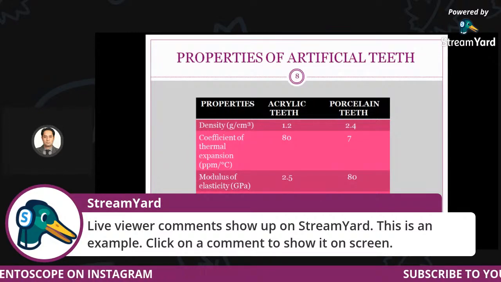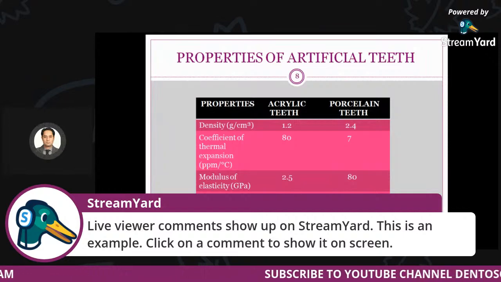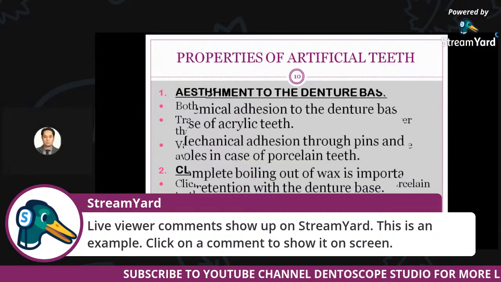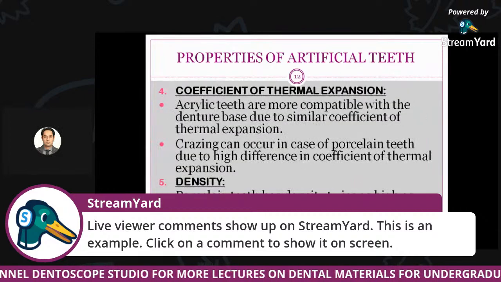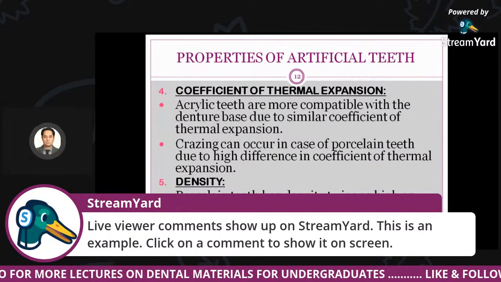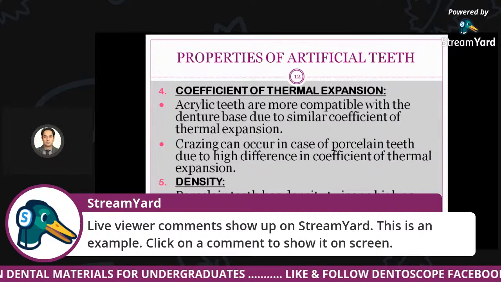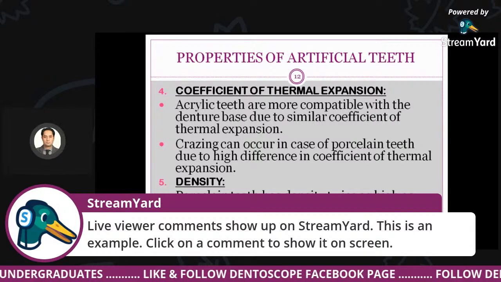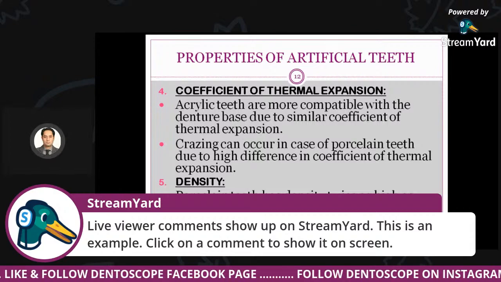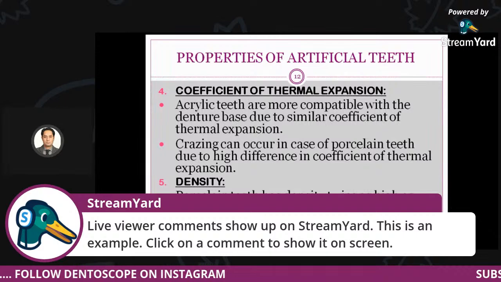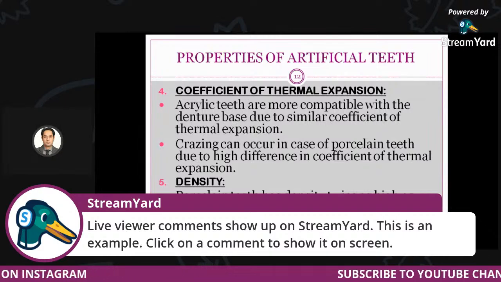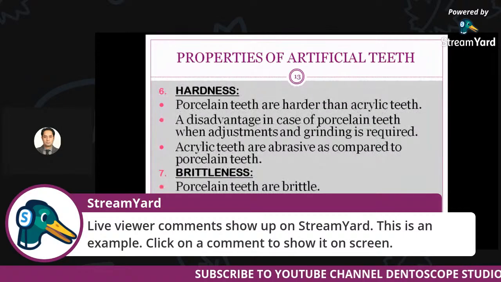Density is 1.2 for the acrylic and it is 2.4 for the porcelain. So it is double. So the density is double, the denture is going to be much heavier, so there are much more chances for the maxillary denture to fall under the effect of gravity. So this is a big disadvantage related to the porcelain teeth.